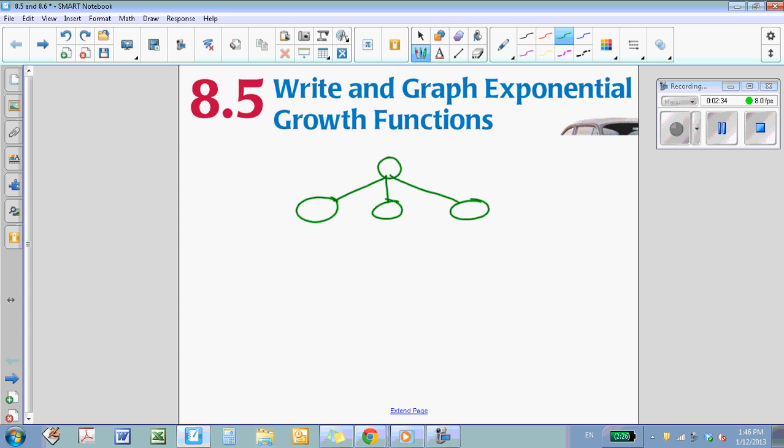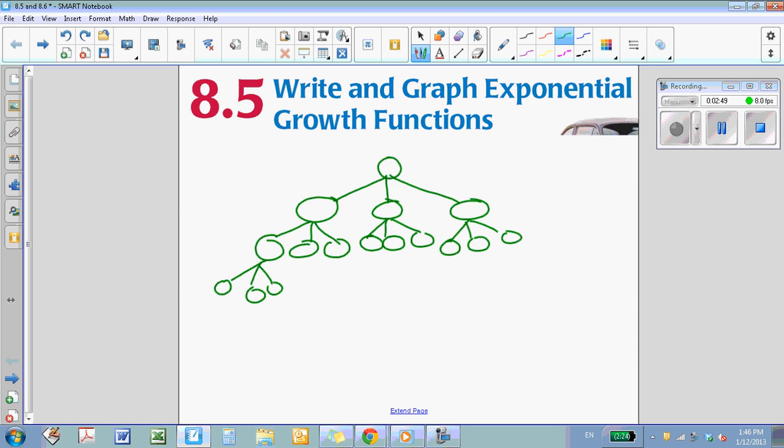And then each one of those people is going to help 3 more people. And then each one of those people is going to help 3 more people. So basically what's going to happen is the number in every step gets tripled.